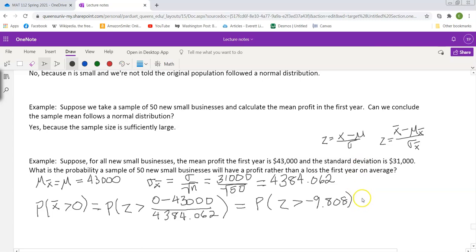So now at this point we just have to find, just like we've been doing, the probability relating to a z. Well, I'm sure you remember by now, because we've gotten plenty of practice with it, how to do the probability that z is greater than. If you've forgotten, I would encourage you to go back and look at that part of the video from 2 classes ago.